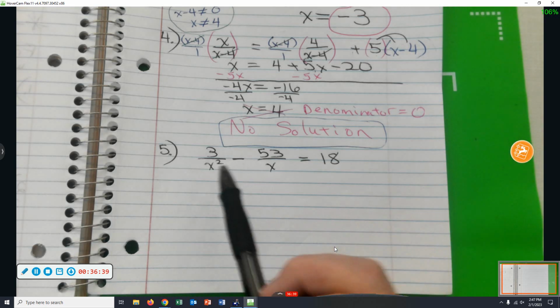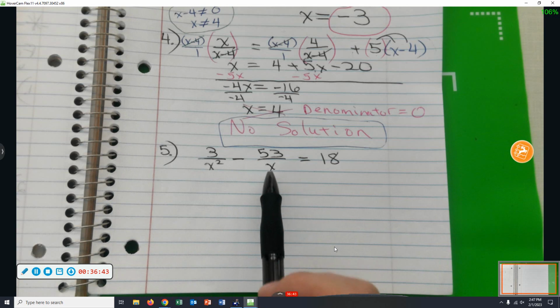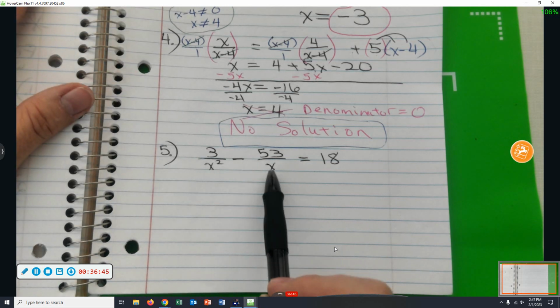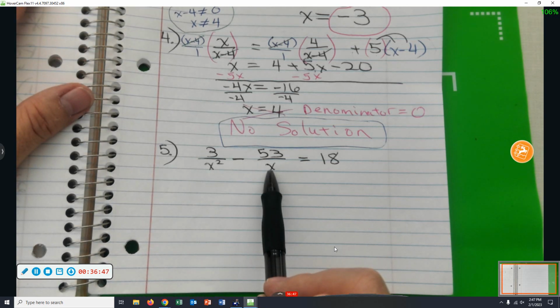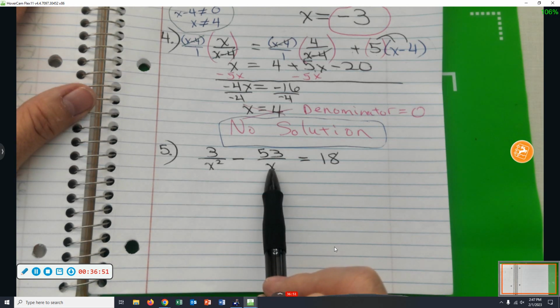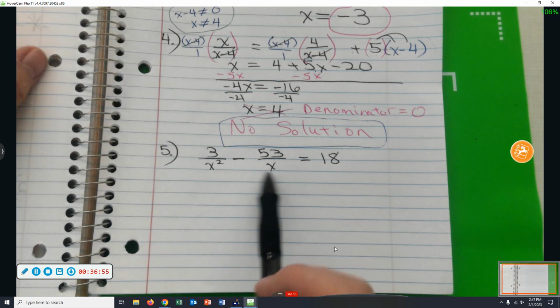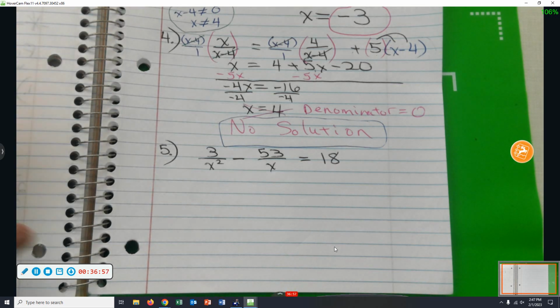Well, we have repeated factors appearing. You say, well, no, yes, we do. The factor is x that's appearing in the denominator. We have an x squared and an x to the first power. The common mistake is for people to see that and think, oh, just use x.